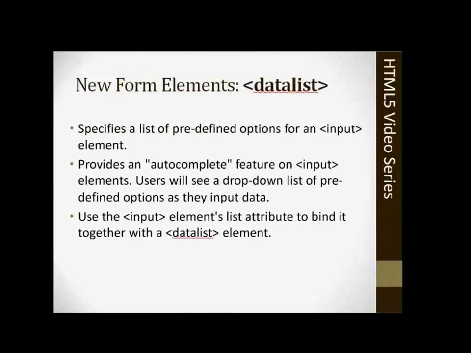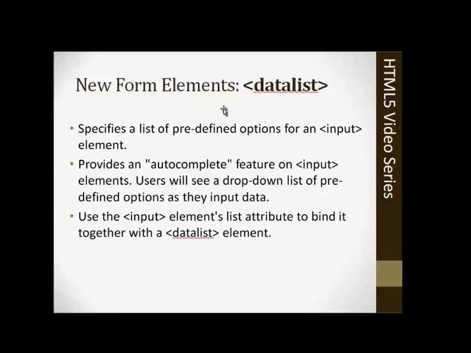Now we have some new form elements, and there are three big ones. I'm not going to go through them in detail because they can get a little advanced, and I really don't see where I can fit them into the project. First we have the datalist form element, and it specifies a list of predefined options for an input element.